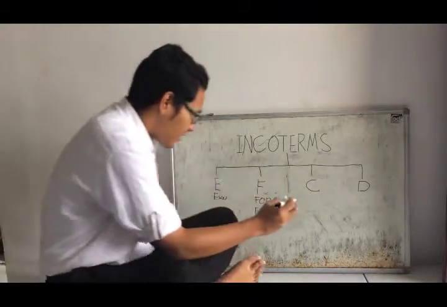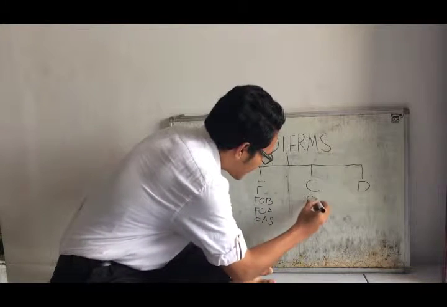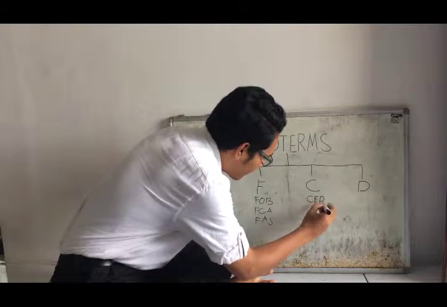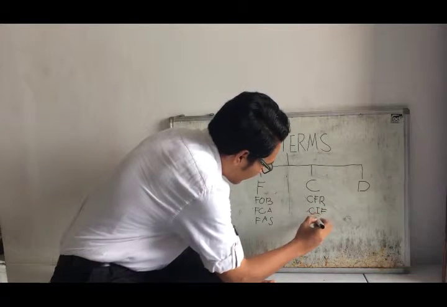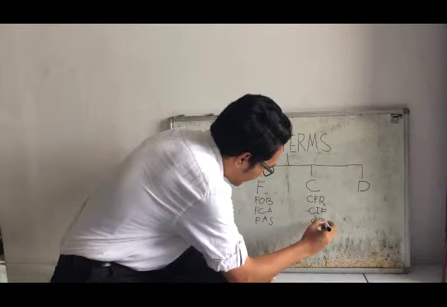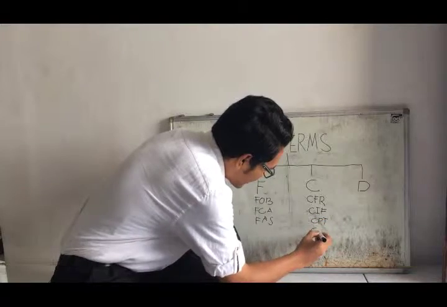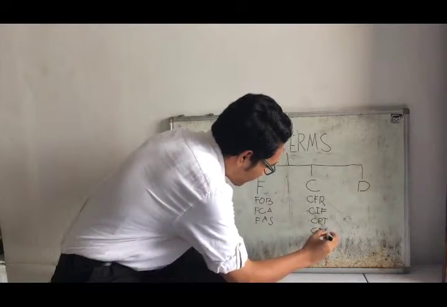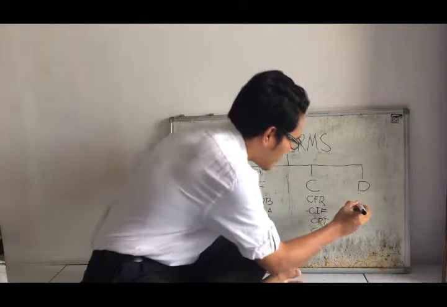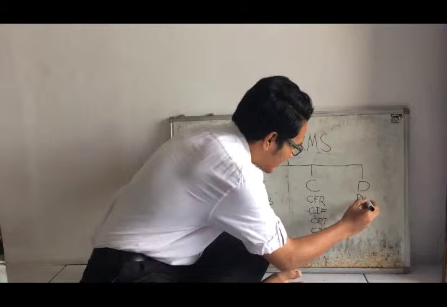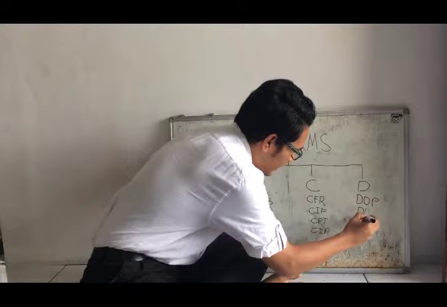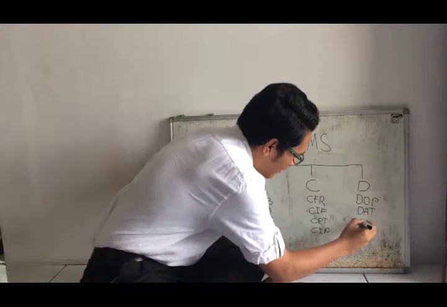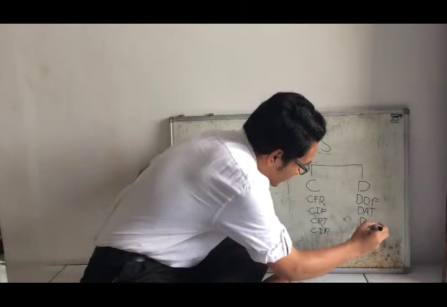And then in Group C, there is CFR, CIF, CPT, and CIP. And last, in Group D, there is DDP, DAT, and DAP.